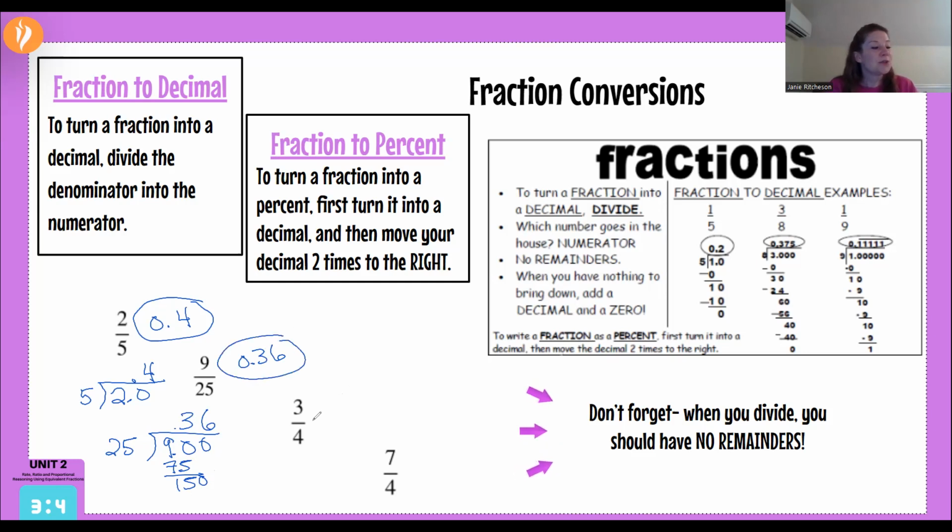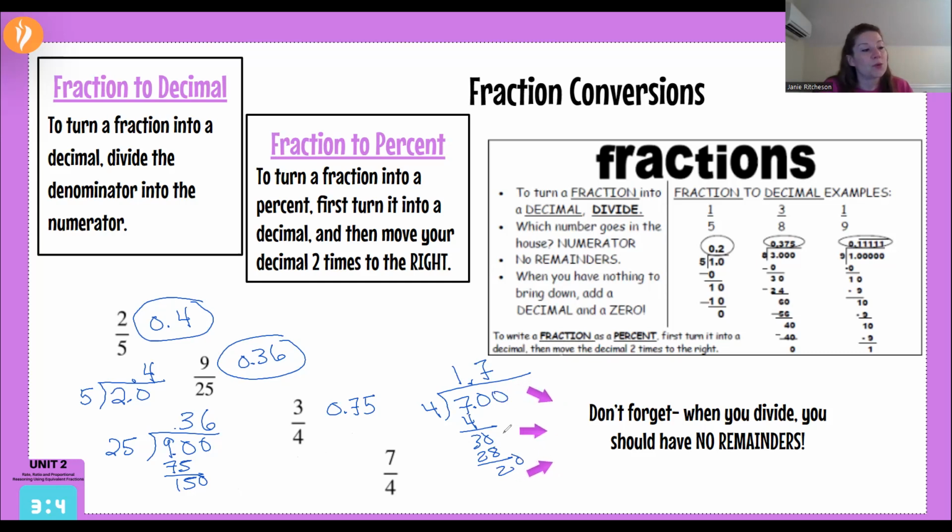0.36. 3/4. Remember the 3/4 of that pizza? You ate 75% of it, or 0.75. Okay, so hopefully you know your fourths. 1/4 is 0.25. 2/4 is 0.5, 3/4 is 0.75. And then 7/4, so top dog in the house. 4 will go into 7 once with 3 left over. 4 will go into 30 7 times with 2 left over.